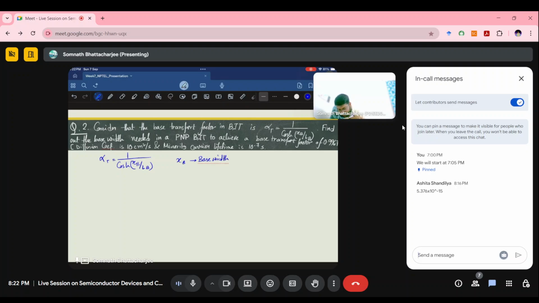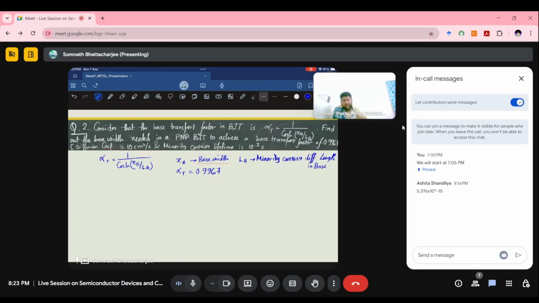So we need to find out the base width needed in a PNP BJT to achieve a base transport factor of 0.9967, whereas LB is the minority carrier diffusion length in base.